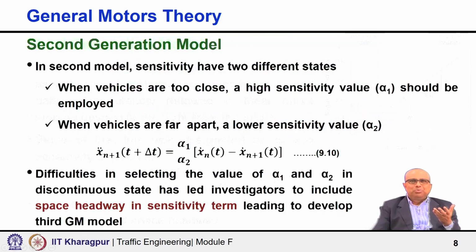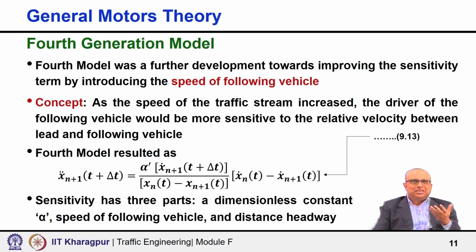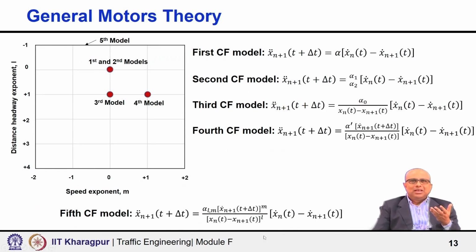Because if you put it in the generalized fifth generation model, m is 0 means the whole term becomes 1, L is 0, again the whole term becomes 1, then what remains is only alpha, a constant. That was nothing but the first generation car following model as developed by General Motors.